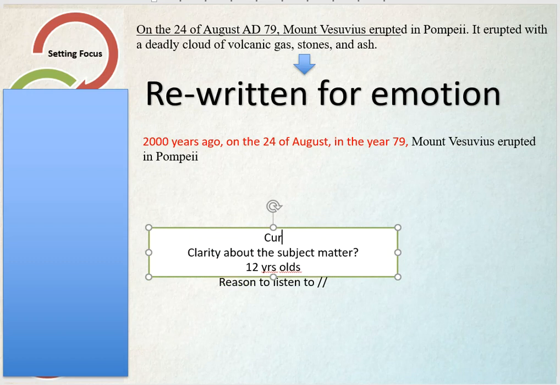Make them feel curious, right? Maybe also amazed. Oh my goodness, 2,000 years ago must have been when my mother was born. You know what I mean, right? It is incomprehensible for a young man or woman that 2,000 years ago something existed on this planet.